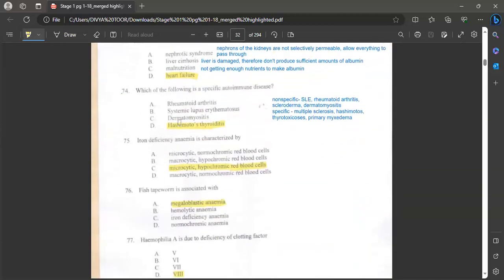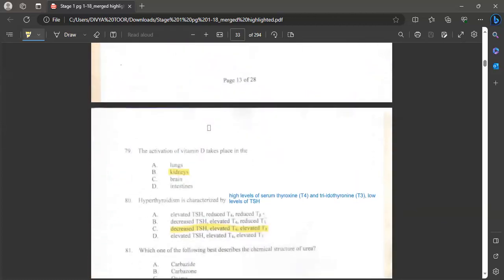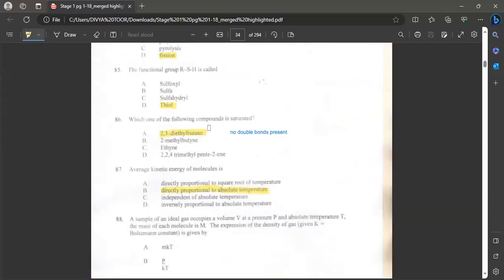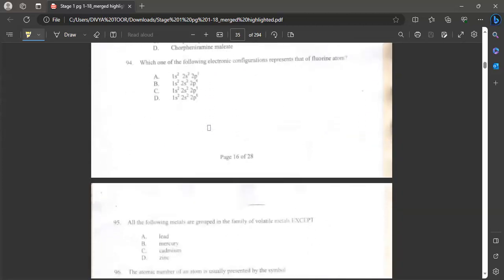Which one of the following is a specific autoimmune disease? Yeah, Hashimoto. And I think I will cover that in the hematology slides. Okay.